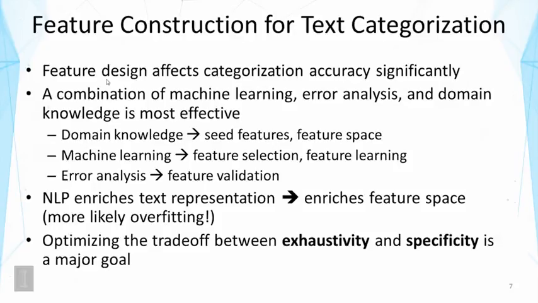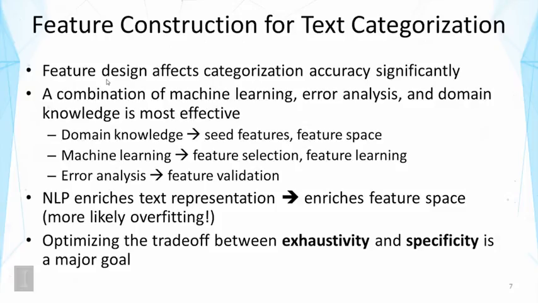And machine learning can be applied to select the most effective features or construct new features. That's feature learning. And these features can then be further analyzed by humans through error analysis. And you can look at the categorization errors and then further analyze what features can help you recover from those errors, or what features cause overfitting and cause those errors.